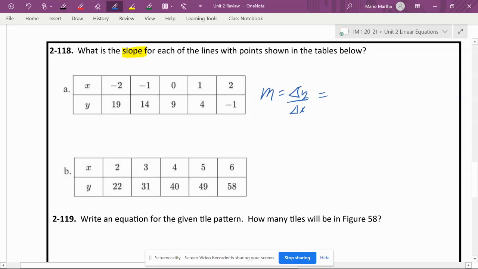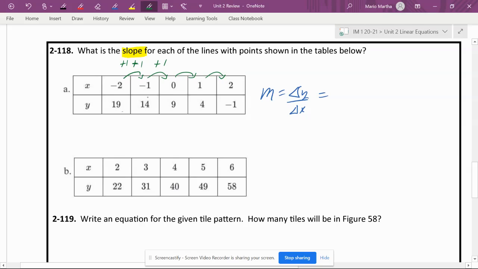Now for the first problem, we have the change in y: it goes from 19, 14, 9, 4, -1. There is actually an order in the top one. Next we go -2, -1, 0, so we're going up by 1 each time.